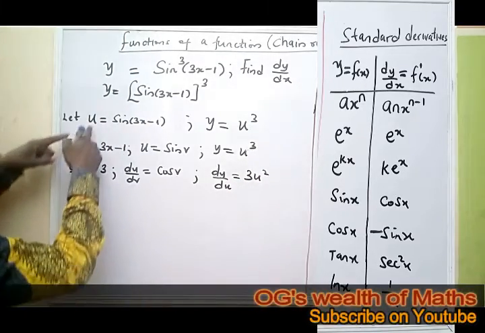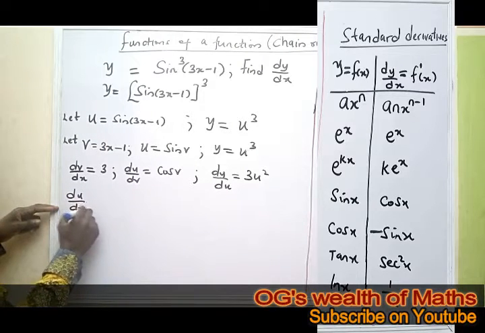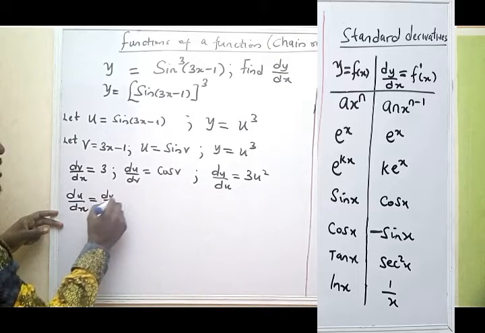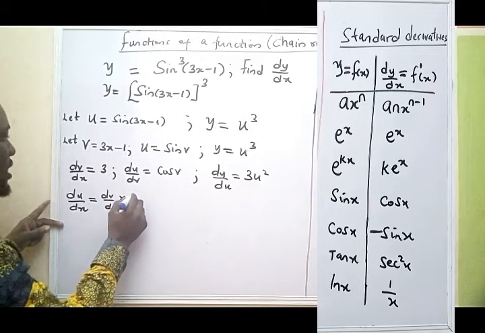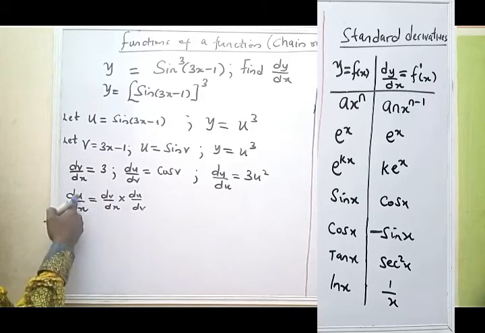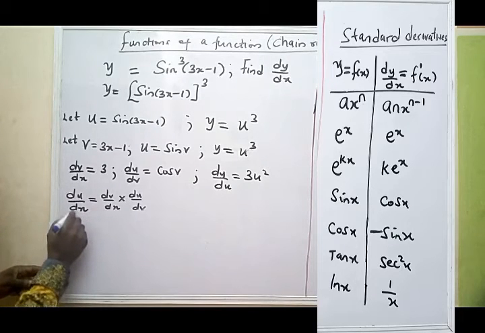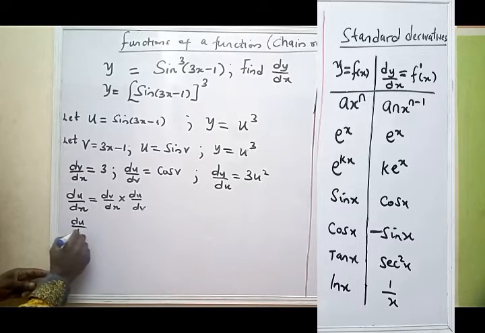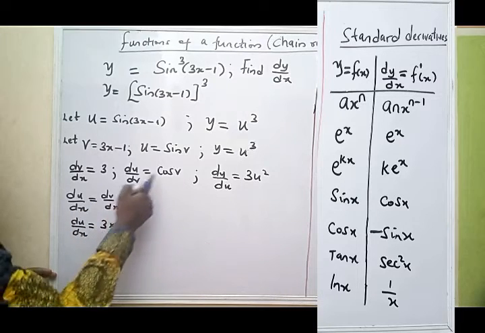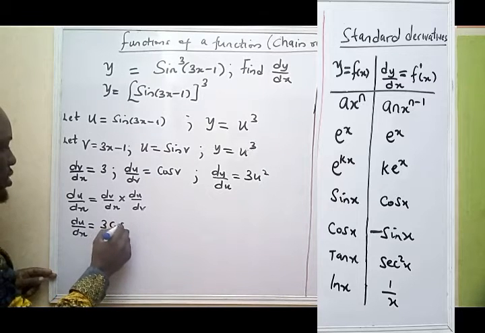Now, I want to find du/dx. First of all, du/dx will be the product of this, dv/dx times du/dv. If I cancel this, you can see that I'll get an expression for du/dx. du/dx will be 3 multiplied by this, so 3 cos v.